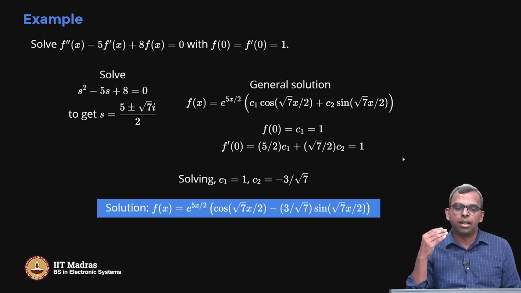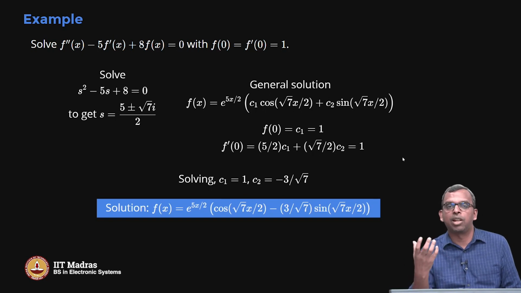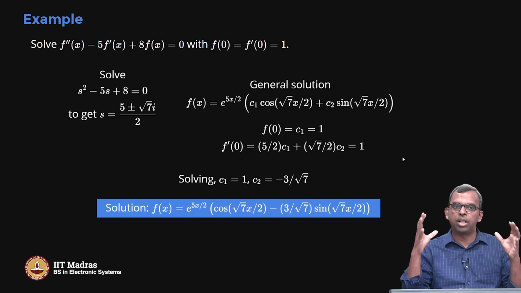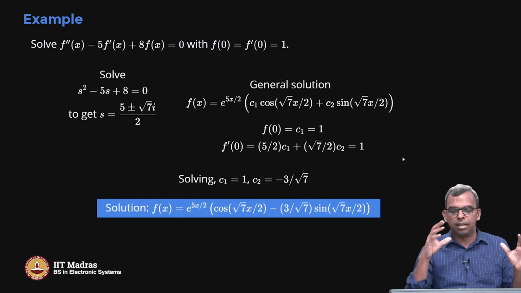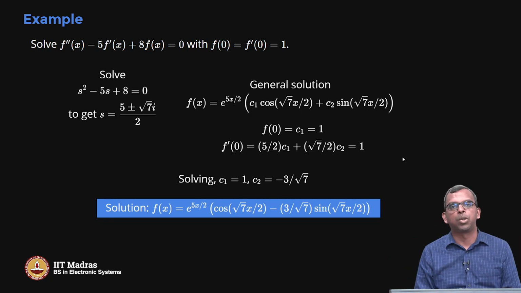In one case you have just a sum of 2 exponentials, in another case you have an exponential plus x times an exponential, and in the other case you have an exponential times a trigonometric, sinusoidal function, e power x into cos or e power x into sin. So these are important things to remember. For a second order ODE homogeneous case, these types of solutions will come about. Okay, that concludes this lecture. Thank you very much.